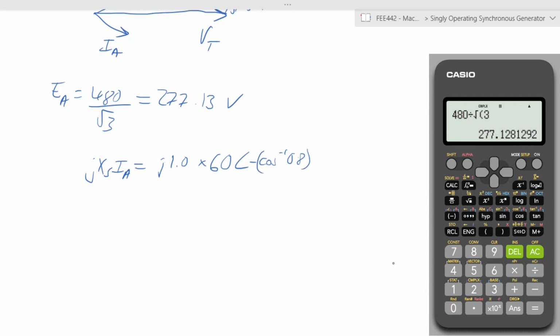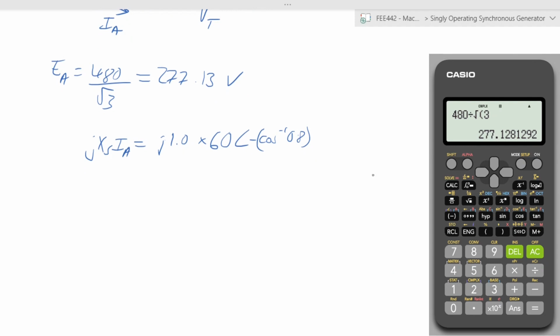Okay. Which will give us what? 1J times 60 at an angle of, brackets, cos inverse 0.8. Interesting. 36 plus J48, which is equal to 60 at an angle of 53.13.